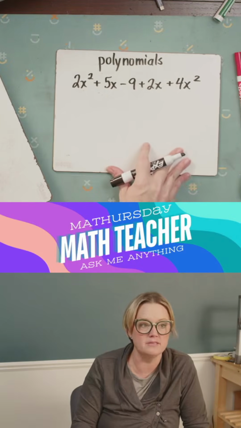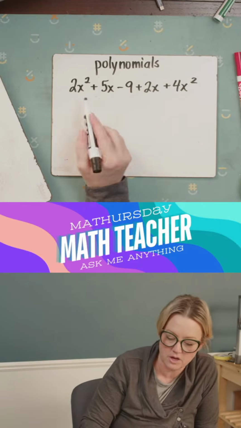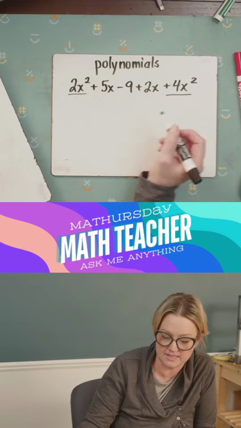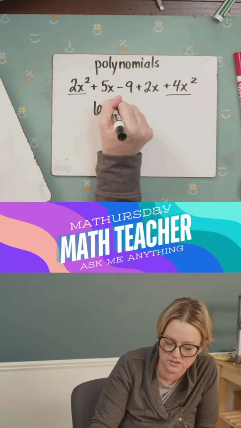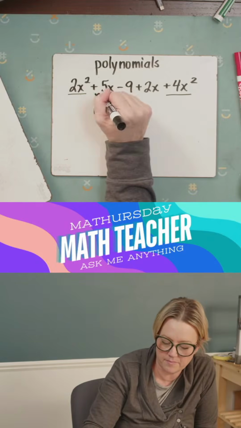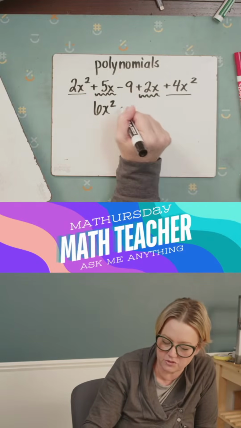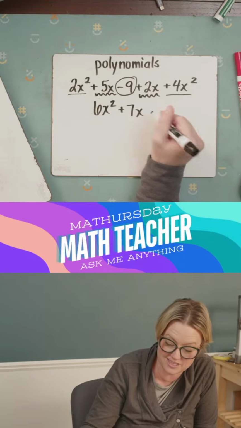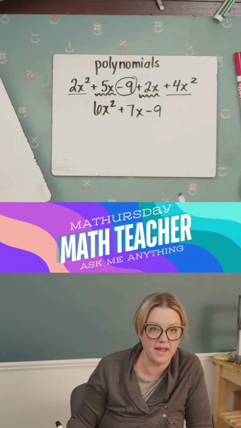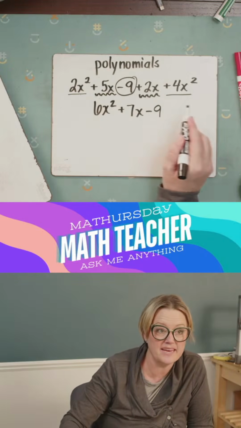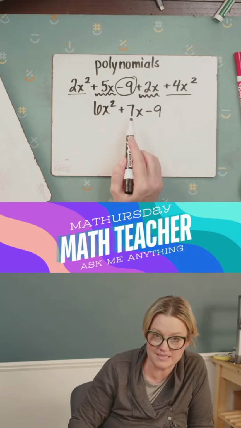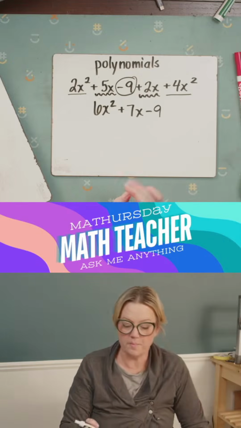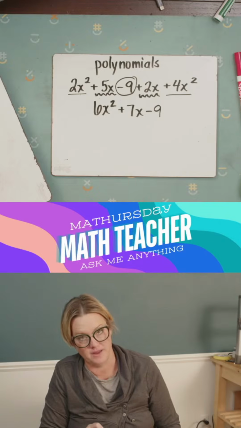You would look for the like terms. 2x squared and 4x squared both have the same variable to the same power, so I can add those together. So 6x squared. And then positive 5x and positive 2x, I'm going to add those together, so that's plus 7x. And then negative 9 is the only number that we have, so it's minus 9. So this would simplify down to 6x squared plus 7x minus 9. All right, so polynomials can get a lot more complicated.